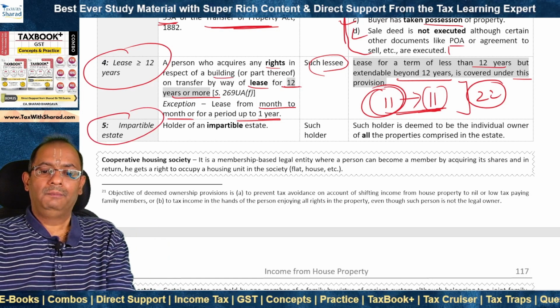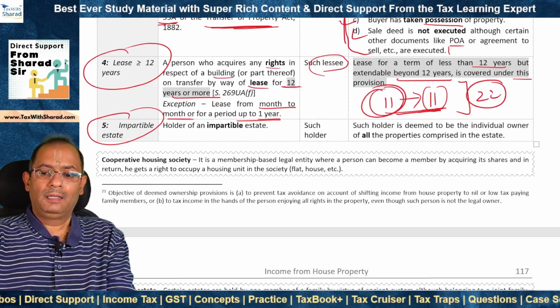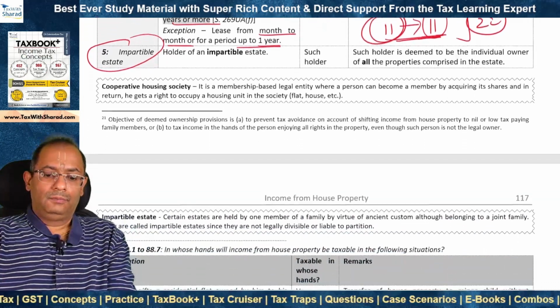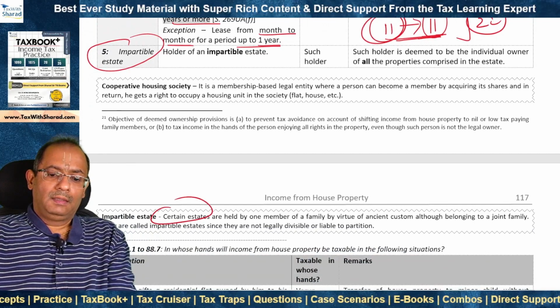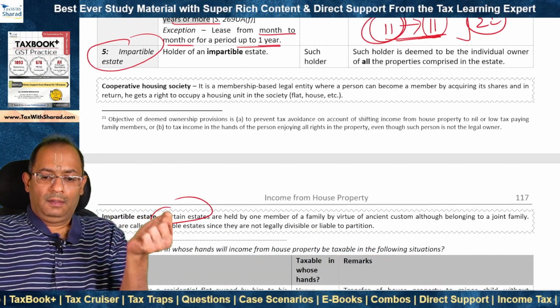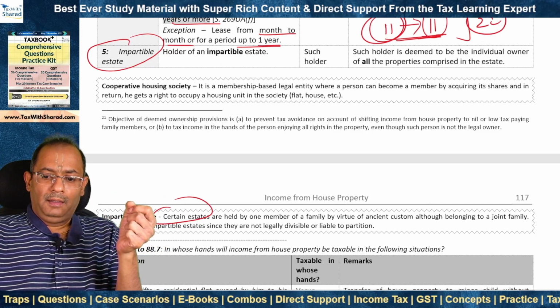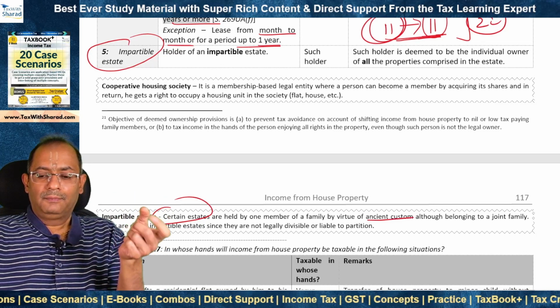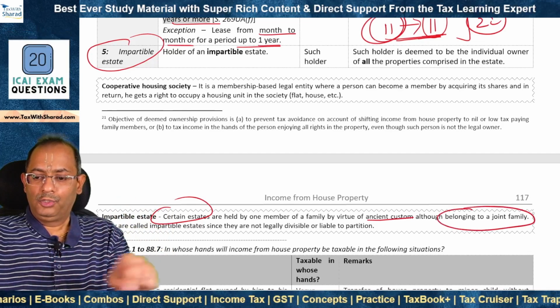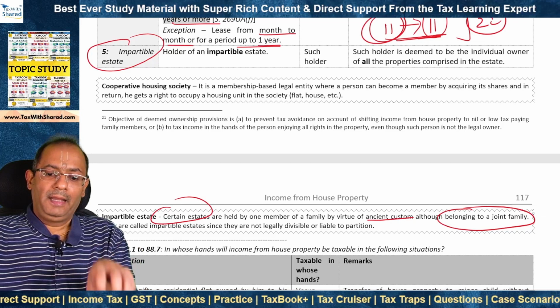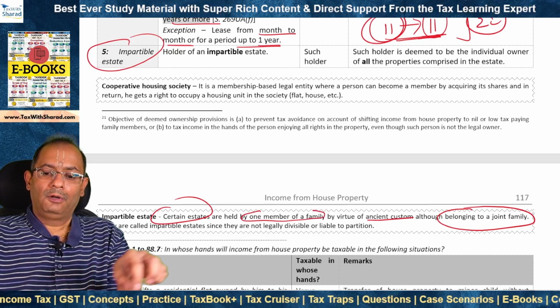Lastly, we have a case of impartible estate. What is an impartible estate? Sometimes certain estates belonging to a family, and there may be an ancient custom where the estate belongs to a joint family, but because of that custom, the estate or the property may be held by one member of the family.